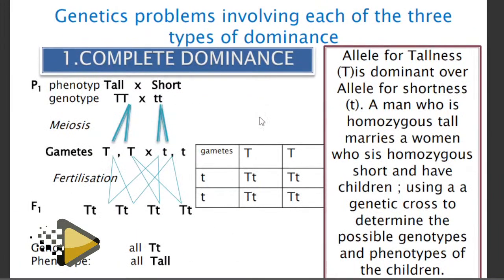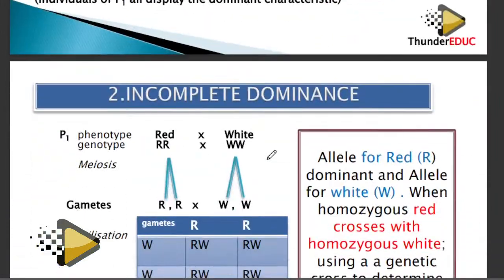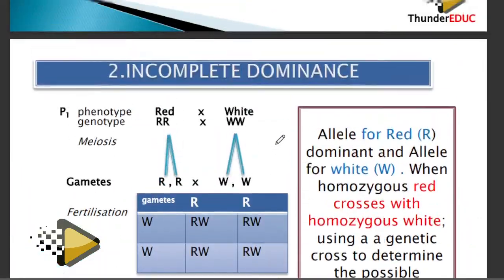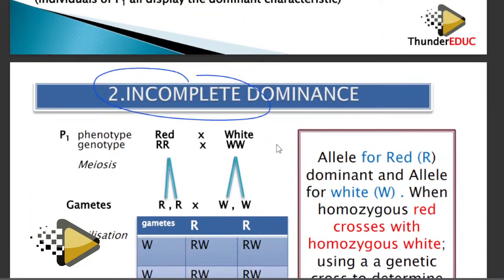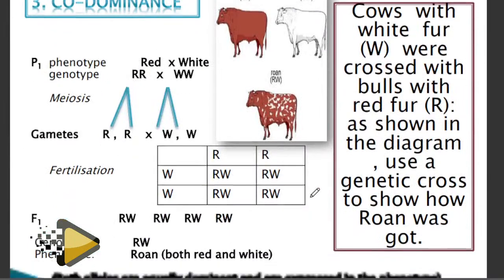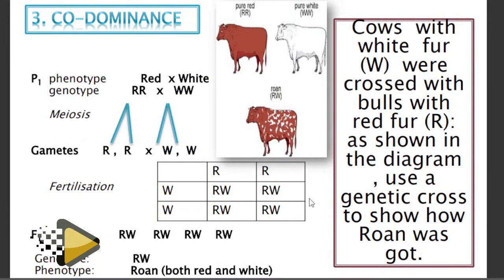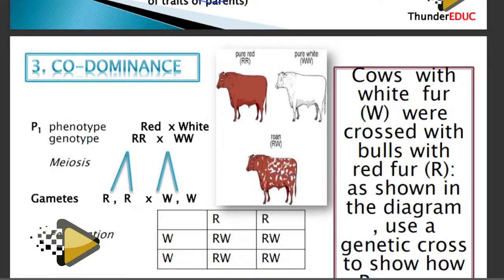You see, in incomplete dominancy, they say this word, intermediate, and the title here is incomplete dominancy. And when you talk about codominancy, it produces a mixture. Both alleles are expressed. So here you produce a mixture of two colors. That's why I'm saying that incomplete dominancy is the best correct answer.